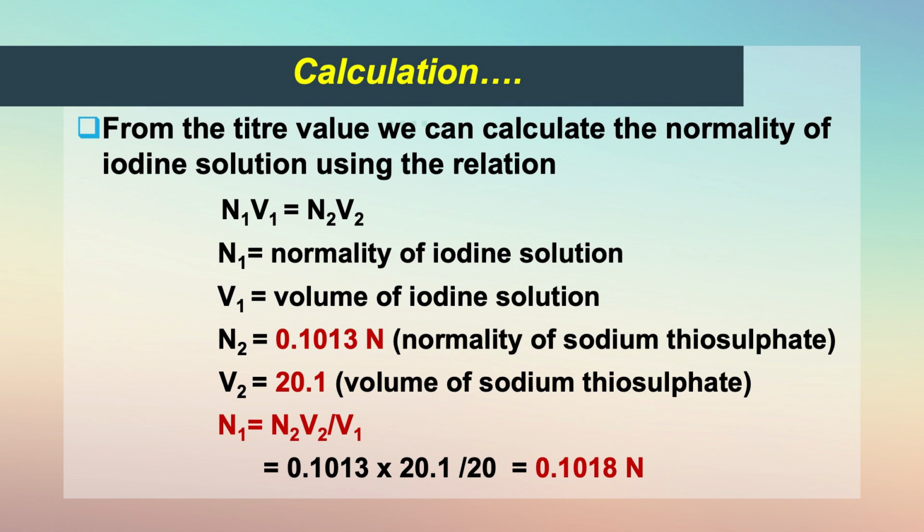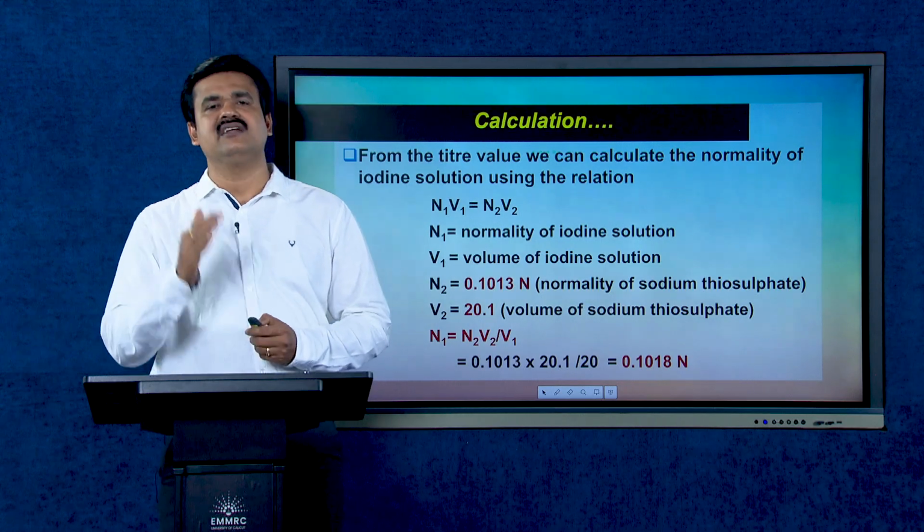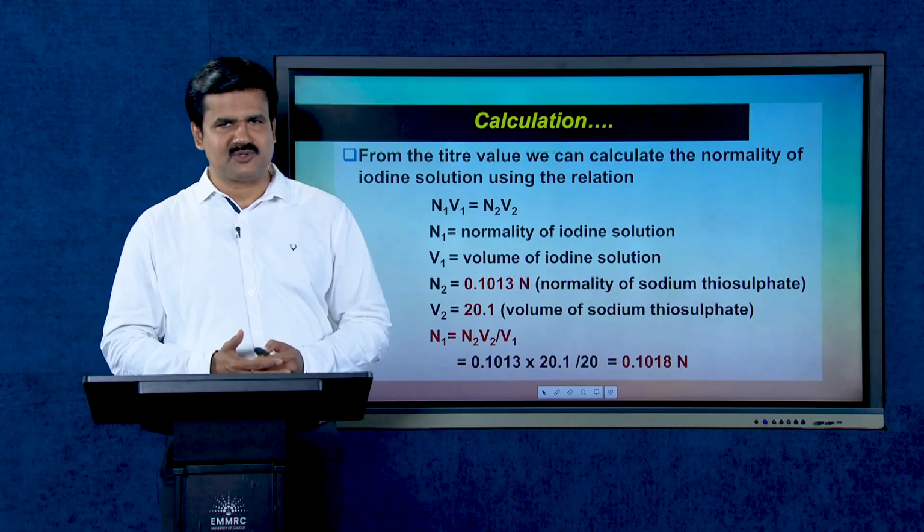So, N1 will be equal to N2 V2 divided by V1. On substituting the proper values, we get the normality of the iodine solution is equal to 0.1018 normal. So, we calculated the normality of the iodine solution.